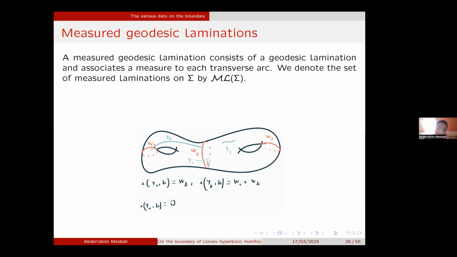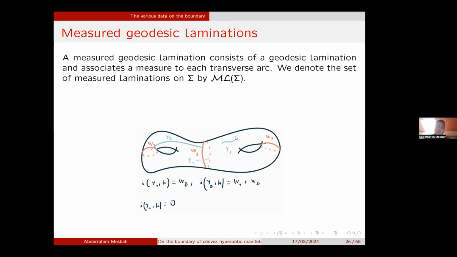Here, for example, we have this arc in blue, gamma 1. It intersects the geodesic in the middle, which has weight W2. So we associate to this arc the weight W2. If I take the arc gamma 2 in blue that intersects the first and the middle geodesics, which have weights W1 and W2, then the weight that we associate to this arc will be W1 plus W2.